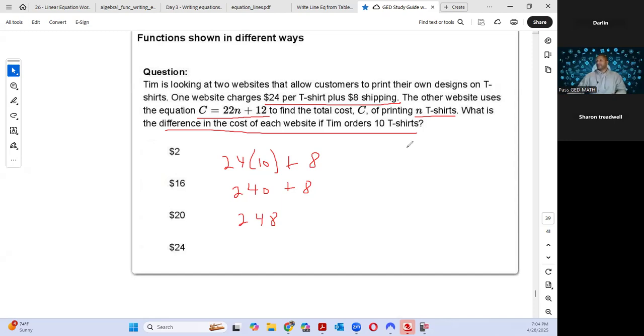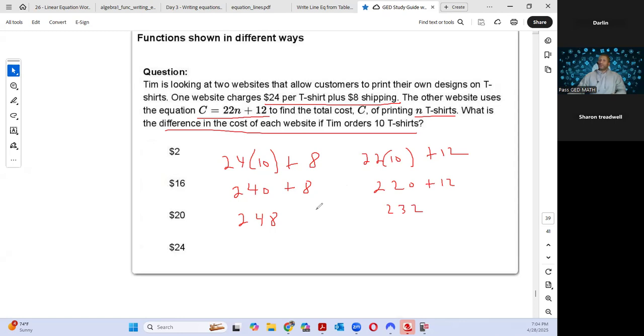The second equation is 22n, and n is t-shirts. So we're gonna have 22 times 10 plus 12. What's 22 times 10? That's 220, plus 12 is 232.